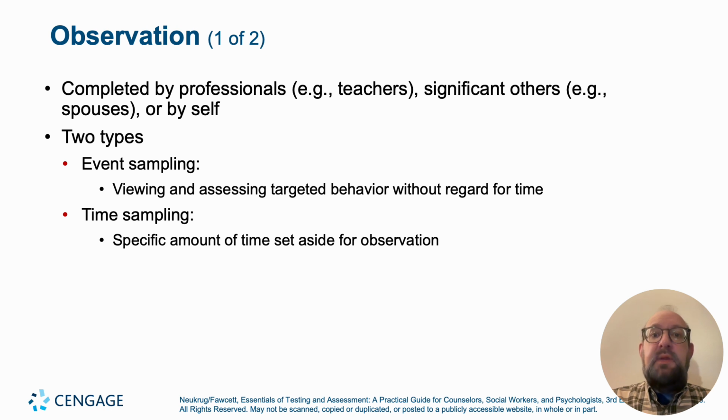Event sampling is a valuable tool in terms of observation. This method involves systematically recording specific events or behaviors that occur over a period of time. So by closely observing and documenting these events, we can gain, again, insight into the client, perhaps patterns.